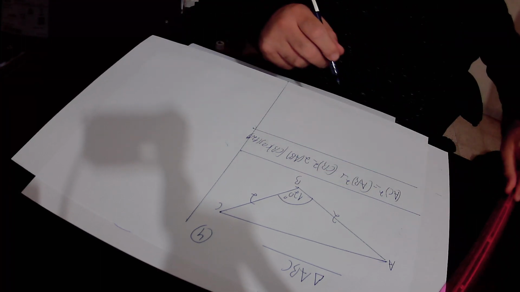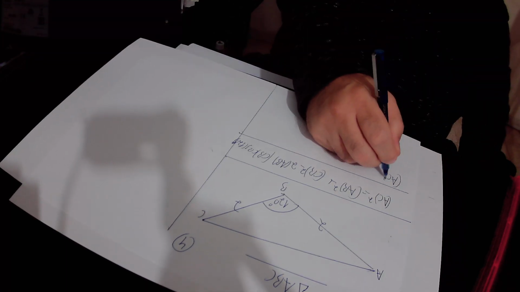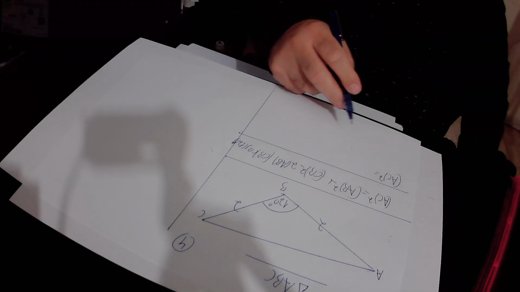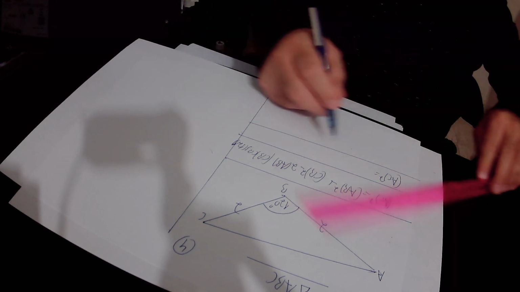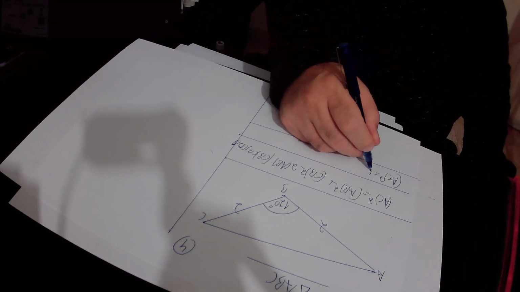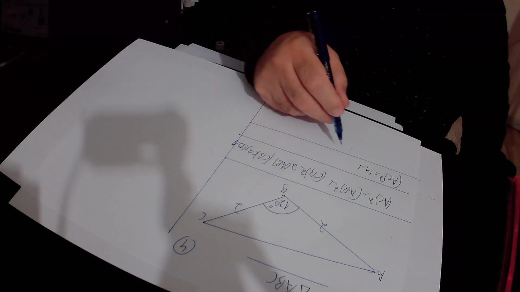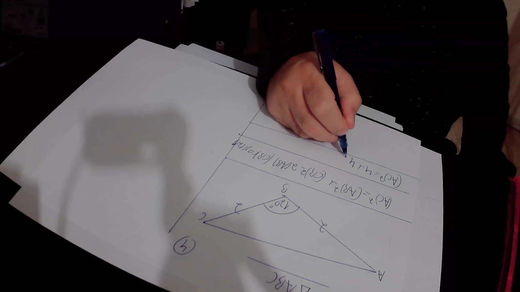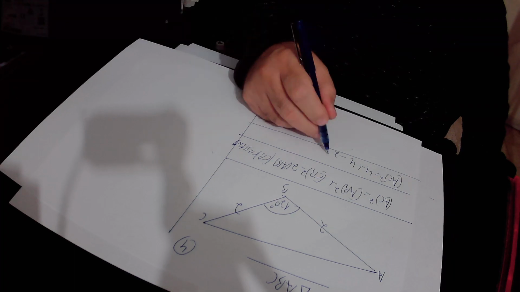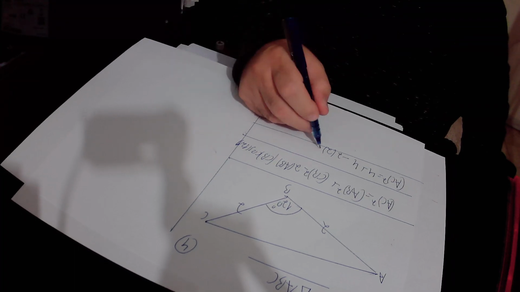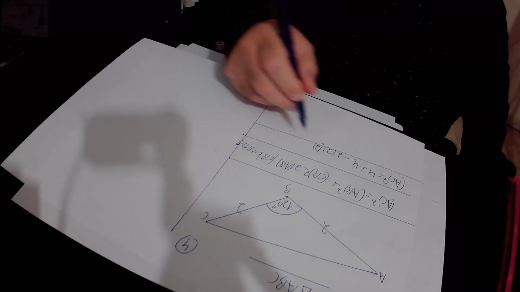So AC squared equals AB squared. AB equals 2, therefore AB squared is 2 squared, it is 4, plus CB squared. CB equals also 2, therefore CB squared is 2 squared, it is 4. And here we have minus 2 times AB is 2, CB is 2, and cosine 120 degrees equals minus 1/2.